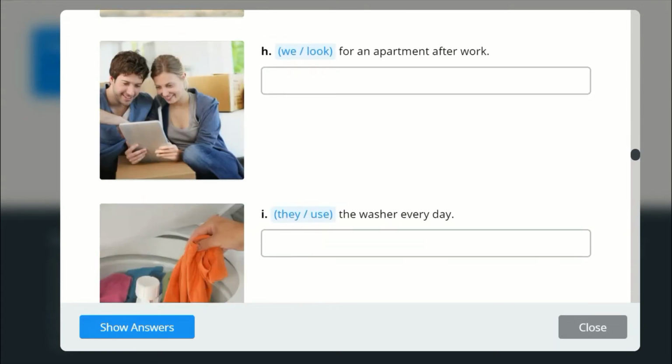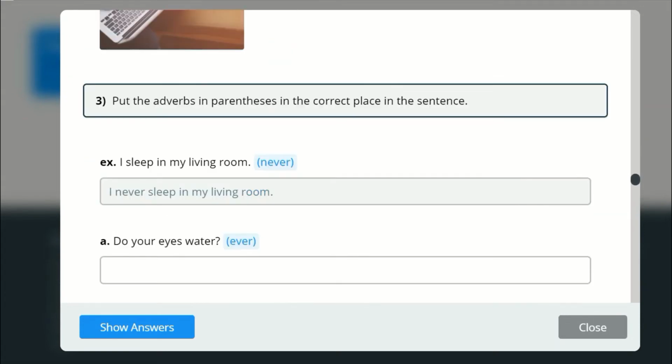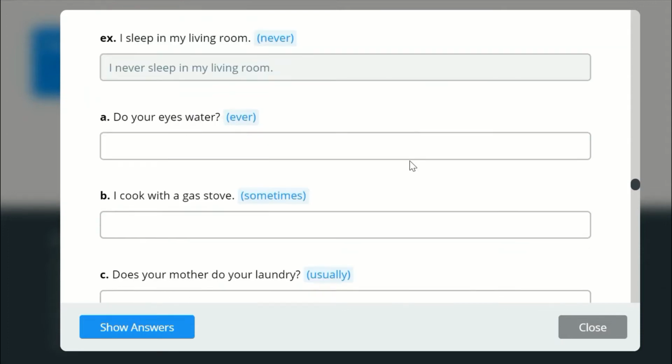Then number 3 exercises, put the adverbs in parentheses in the correct place in the sentence, like I sleep in my living room. I never sleep in my living room. The question says, do your eyes water? So the question will be, do your eyes ever water?